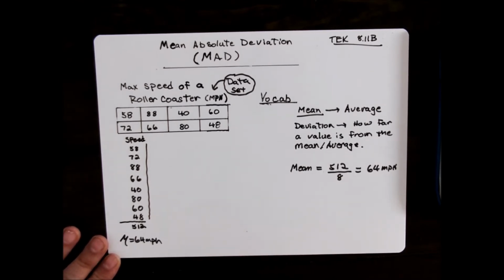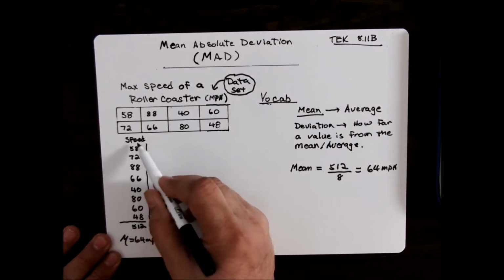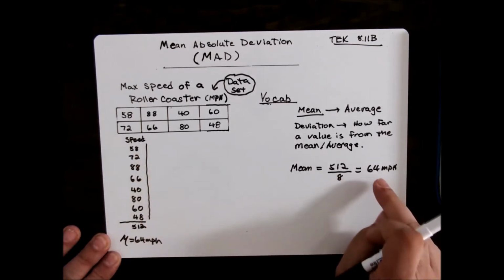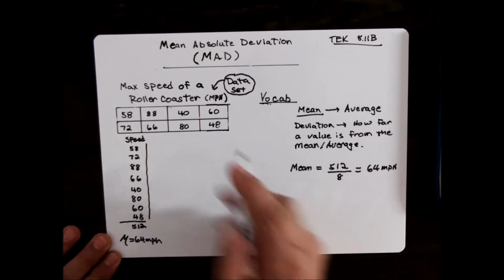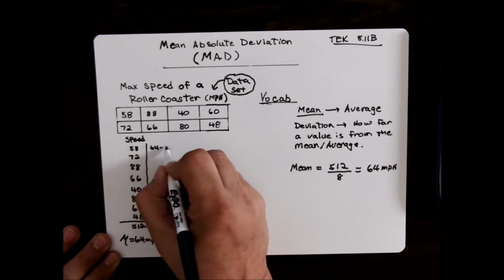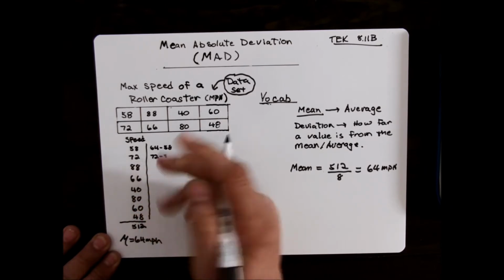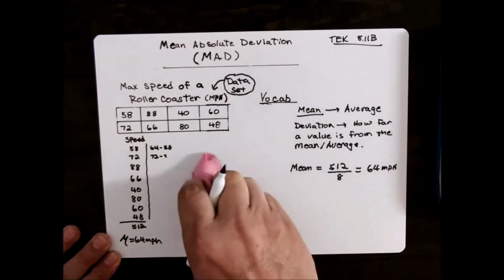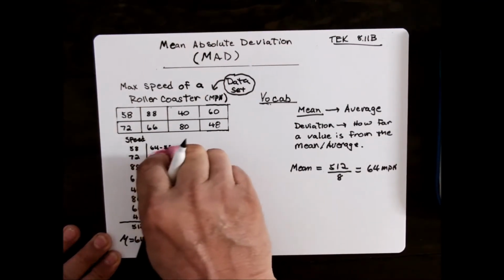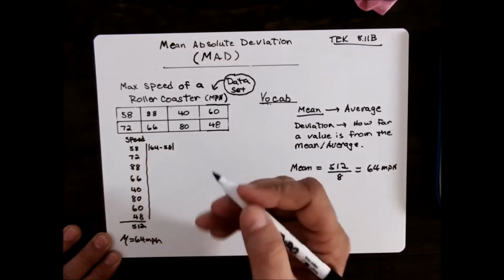Okay, now I want to find out how far each one of these speeds is away from the average. So on this 58, it's going to be 64 minus 58, and then 72 minus 64. These are absolute values, so if it comes out negative, you make it positive.